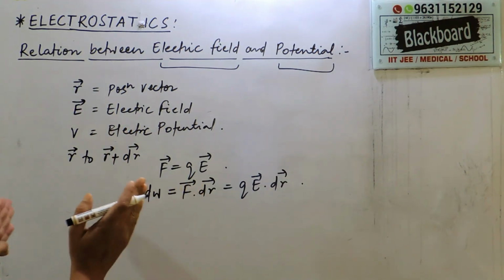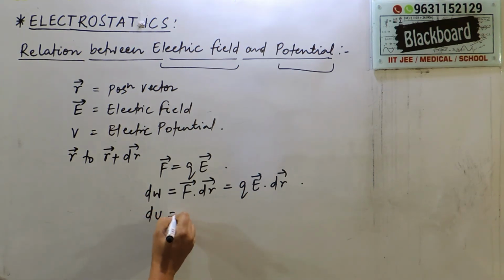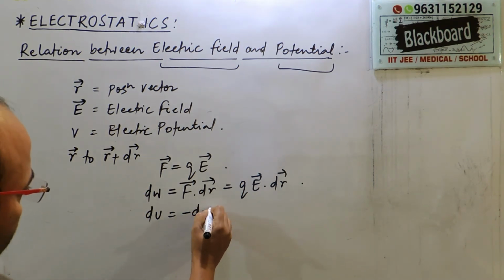Now change in potential energy, dU is equal to negative of work done.